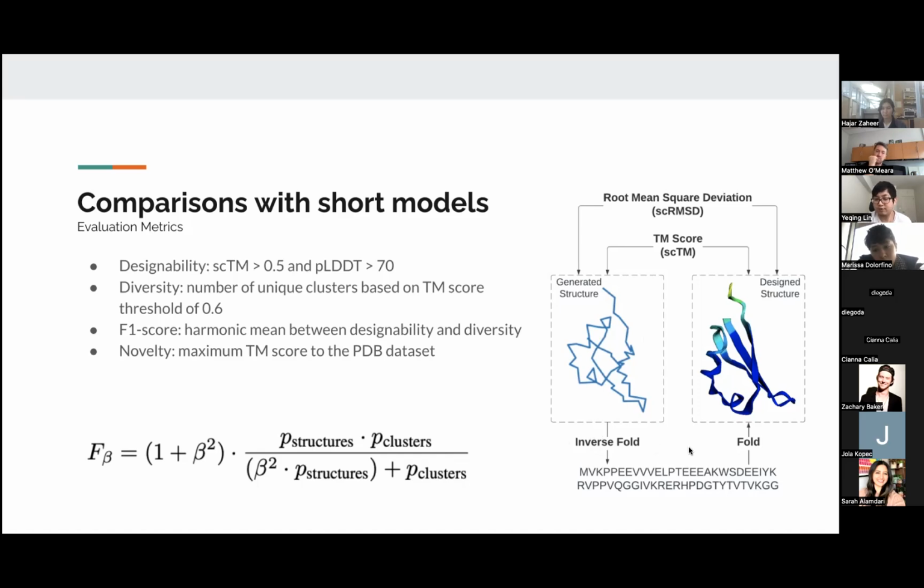For example, the ProteinMPNN model, that's what I use. Then using a protein structure prediction model, for example ESMFold or AlphaFold 2, given the sequence, we predict the desired structure.